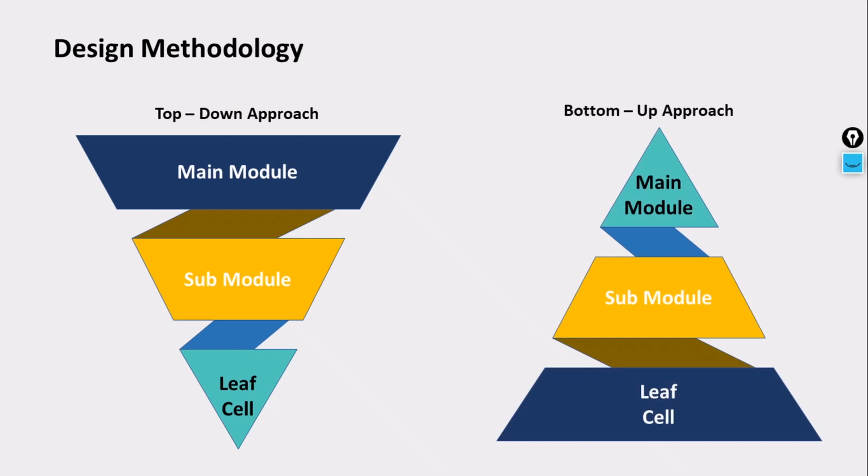The vice versa of this approach is our bottom up approach. In the bottom up approach we start from the bottom. First we check what type of logic gates are available in our library. Making use of those leaf cells, we come up with the design of a sub module, and from sub modules, by taking some more sub modules and integrating them, we come up with the main module.